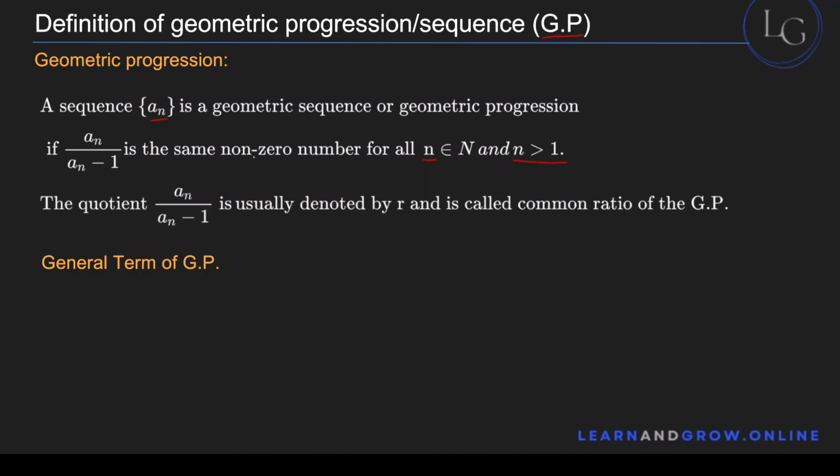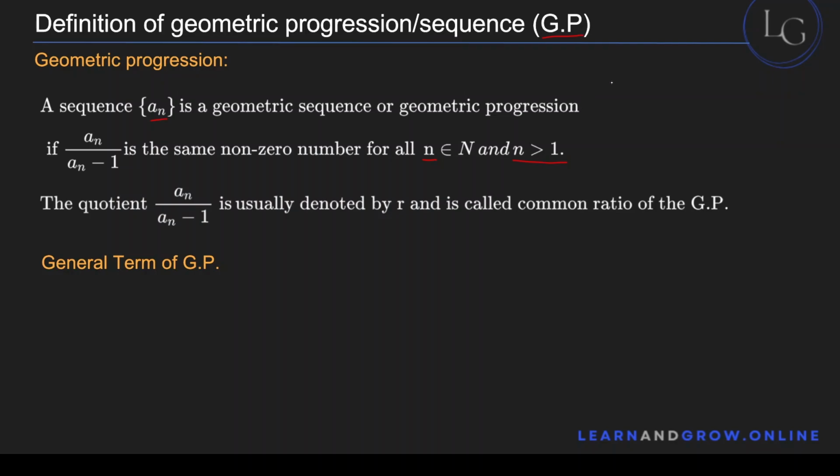So what does this really mean? Well, it means that if you have 2 consecutive numbers in a geometric progression, and you divide the second number by the first number, it gives you a ratio, and that ratio is consistent throughout the progression.